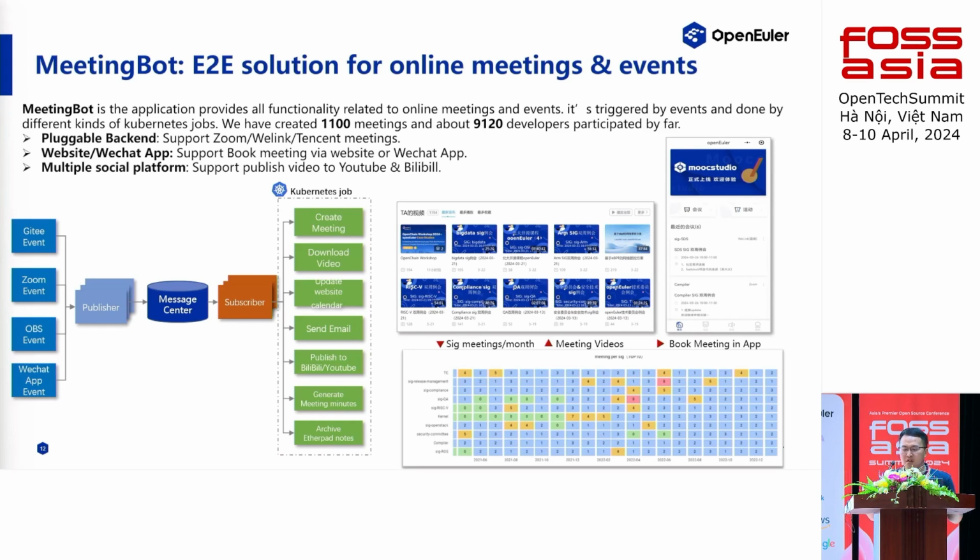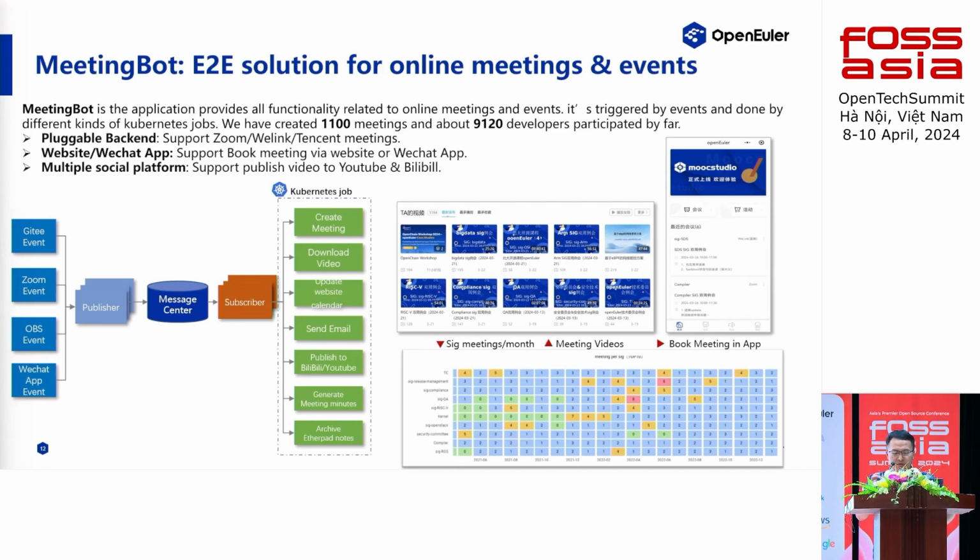The second application is the meeting bot. Having meetings is an essential requirement in the community. As we have about 10 meetings per week, we have created our own version of the meeting bot. Our meeting bot supports multiple meeting platforms such as Zoom, WeLink, and Tencent.